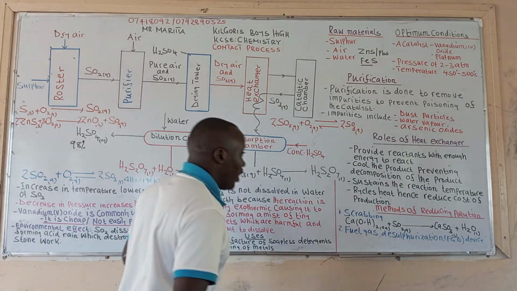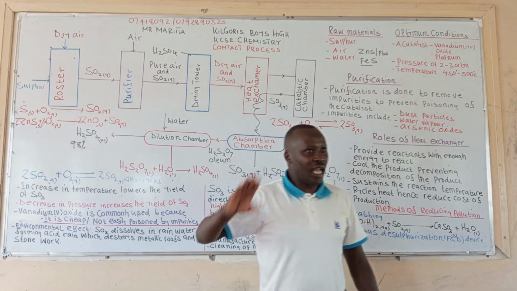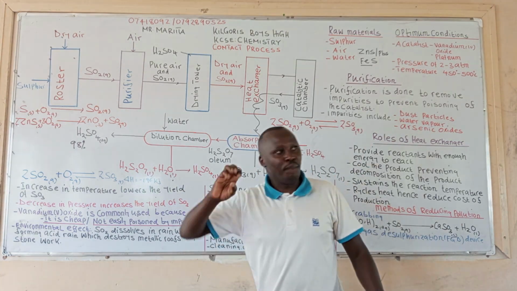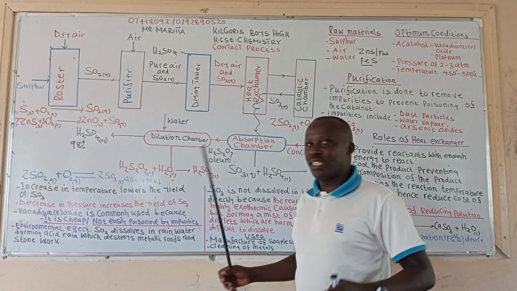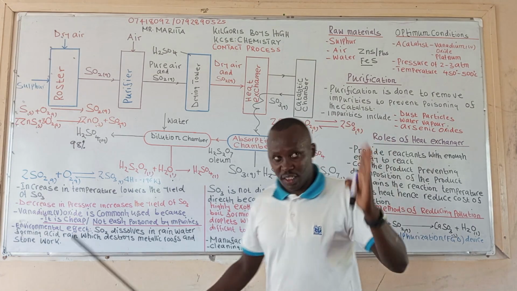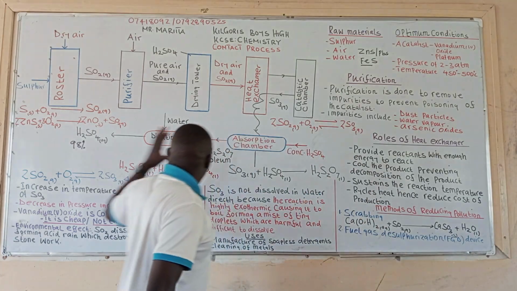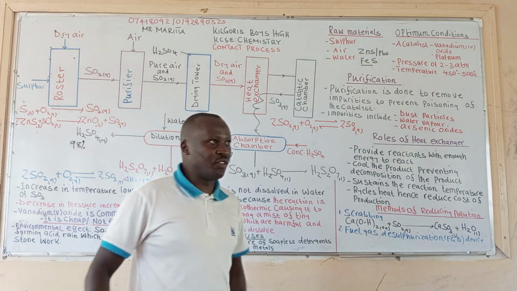So you will be required to explain the effect of this sulfur oxide in the atmosphere. It just combines with rain to form acid rain, which destroys roofs and the stonework. So how is this gas being prevented from the atmosphere?